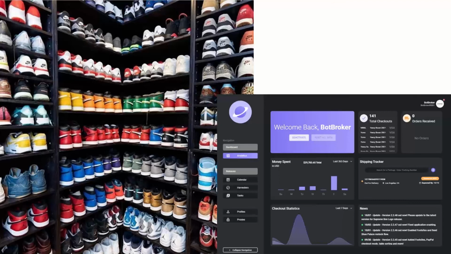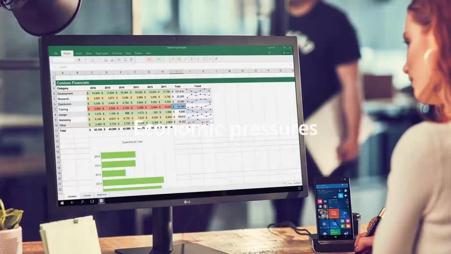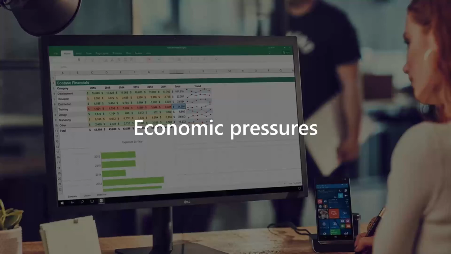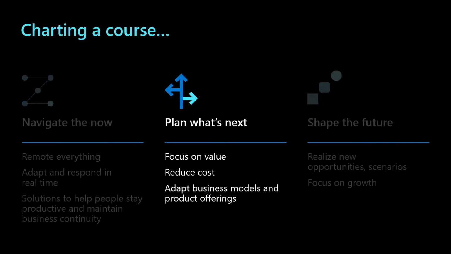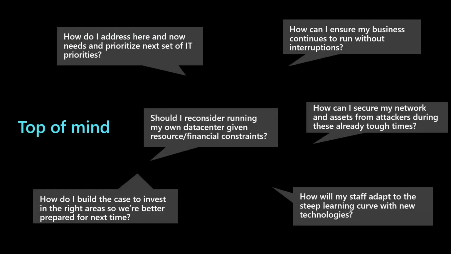So sort of the point of these stories is that there are unlimited reasons to look at Azure as a platform, and what is the reason that most businesses look at? It is certainly economic pressure. So when we say economic pressure, we're talking about the point in time where we have to buy new servers or new licensing. Some of these questions that pop up here, like running your own data center. Is IT a core strength of our organization?